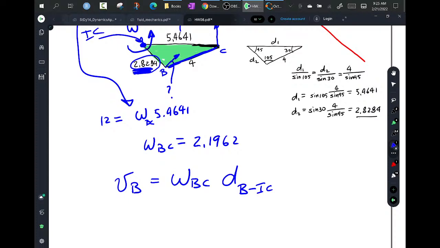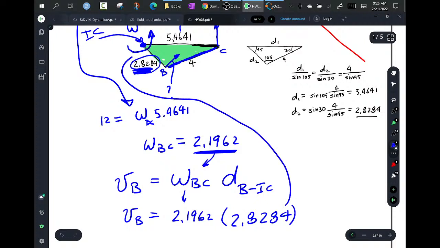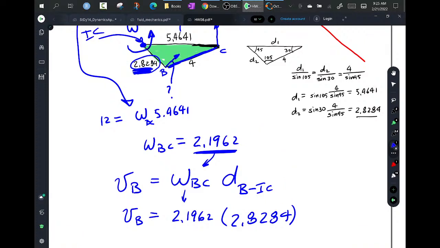So the velocity of B is equal to now this 2.1962 times the distance between those, 2.8284. And this happens to be the same for the whole length.